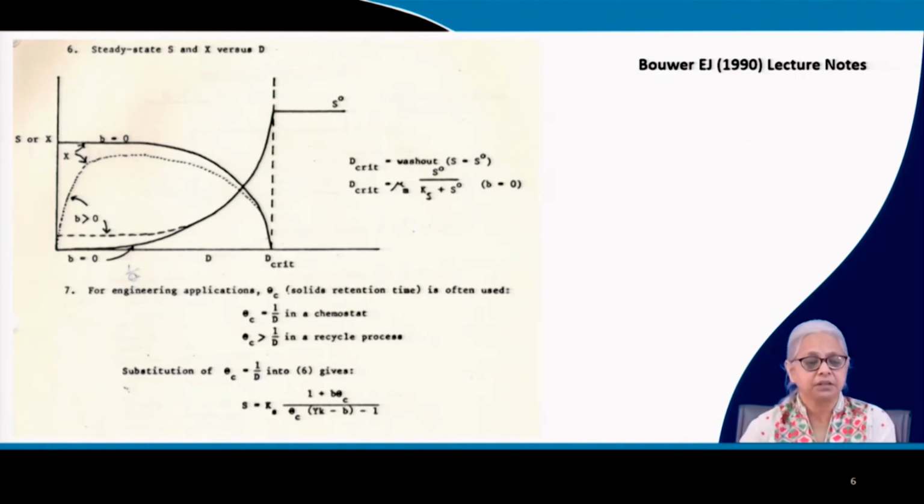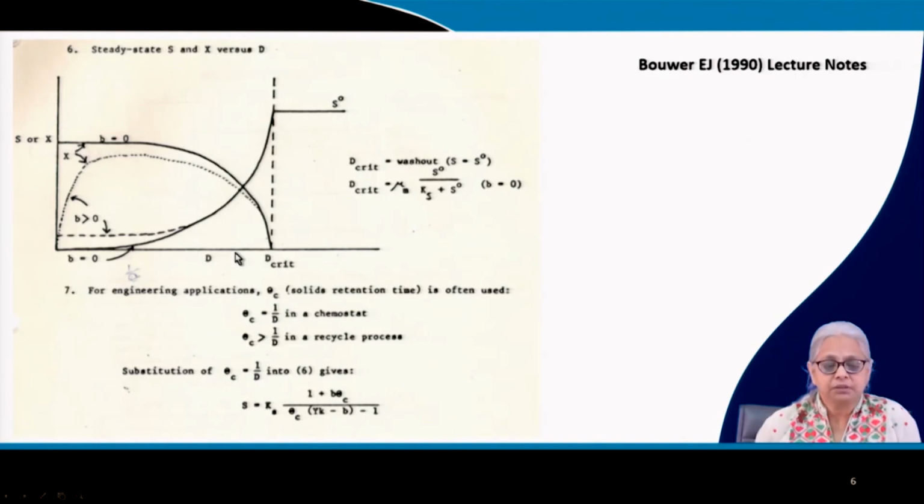So that is D critical, and that is what is shown in this graph, that this is the dilution rate at which all the biomass will be washed out. So that's a critical point literally. And if you do not account for decay, then D critical can also be written in these terms: mu max times S0 divided by Ks plus S0. So this is the point beyond which you do not want to increase the dilution rate.